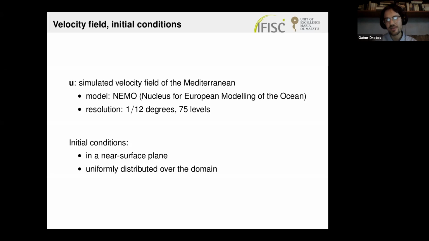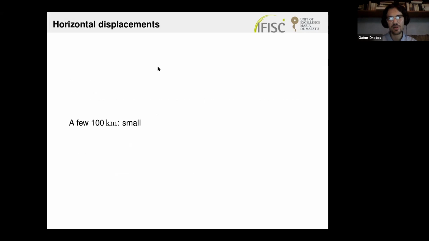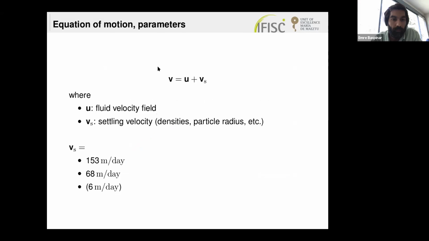But this effect has to be taken into account through the velocity field. So not our model, but through the velocity field that we use as an input for our model. Okay.